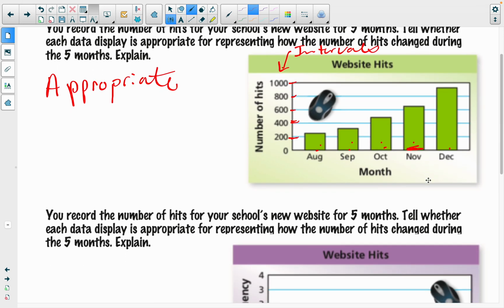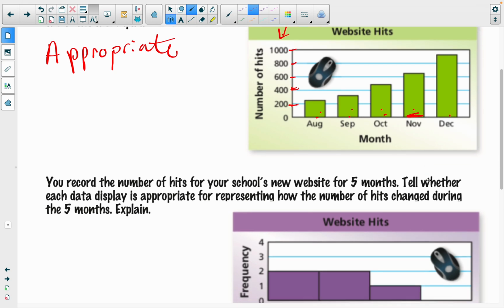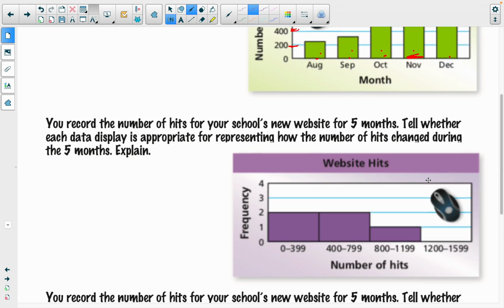Versus, this is the same data, but it's represented in a different way. This is your website hits. And again, we're supposed to be able to tell over a 5-month period. When we look at this one, we see that it's showing the frequency of the number of hits in what range, but it's not appropriate because there's no data. It's not organized by months.